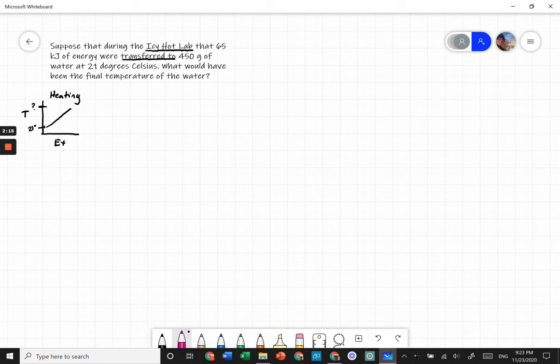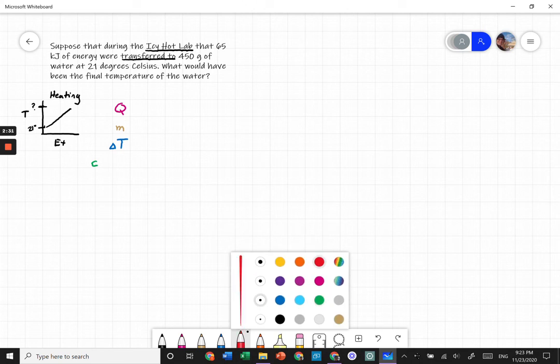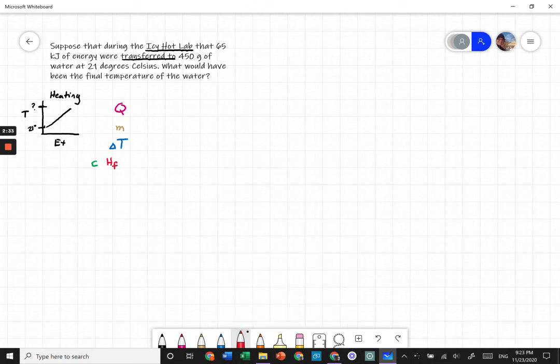It's going to be our energy Q, our mass M, a change in temperature, and then we need to see if it's going to be our heat capacity, our heat of fusion, or our heat of vaporization. Just going to separate my variables from the values we're going to write down.